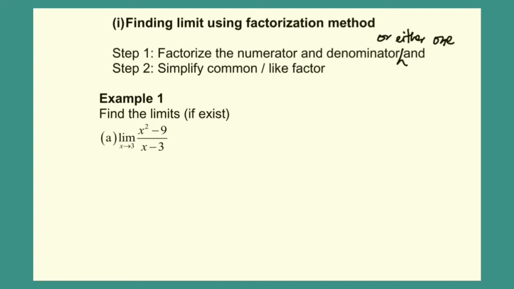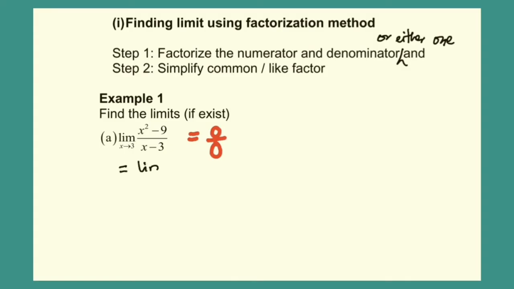Example 1. Find limit x squared minus 9 over x minus 3 as x approaches 3. When we substitute x equal to 3 into the function, we get 0 over 0. How to solve this? We will factorize x squared minus 9.